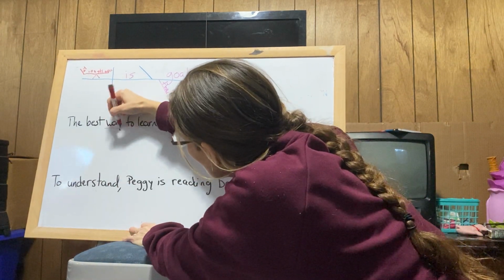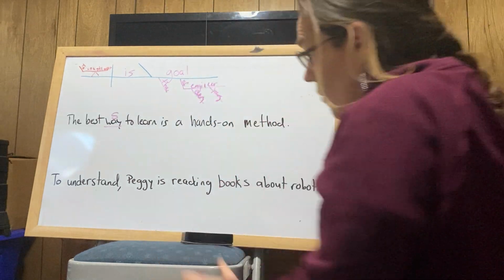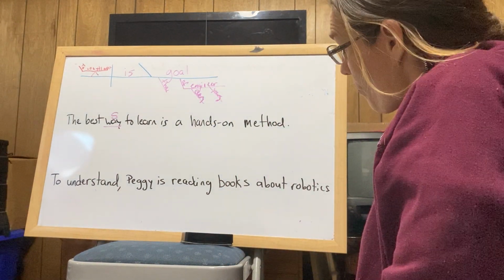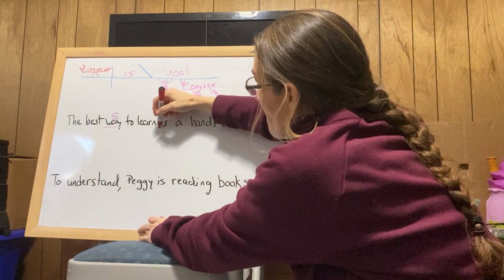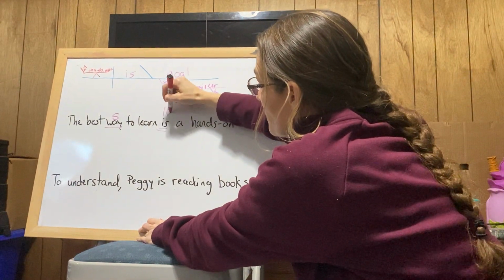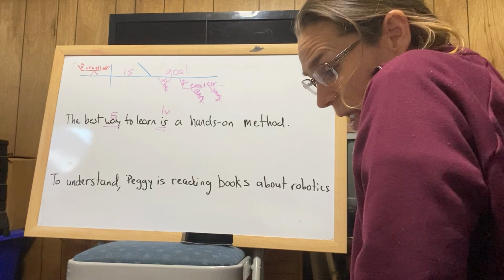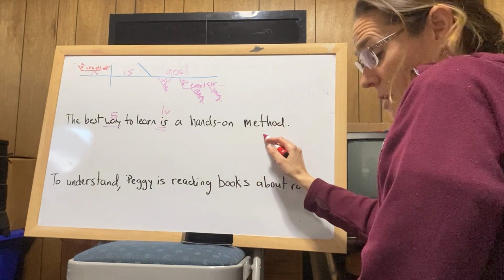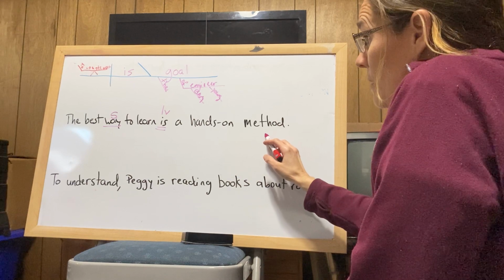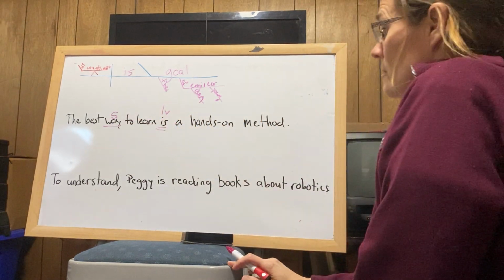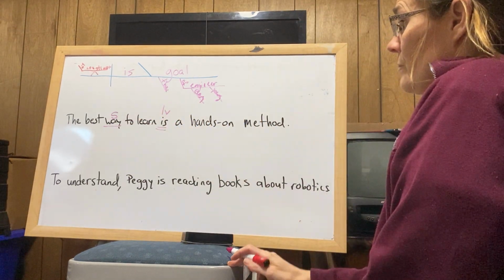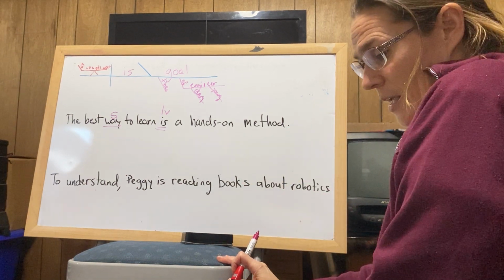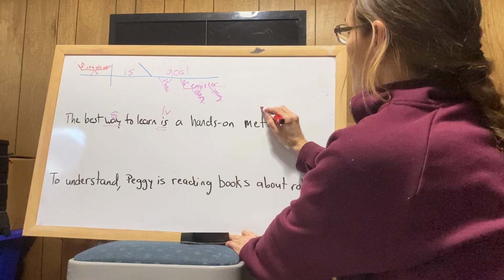I'm going to underline it once. Way to learn. Is is our linking verb. So then we have to ask, way is what? Method. It's the method. Is it renaming or describing the way? Describing? No, it's not describing way. Then it's renaming. So this is a predicate nominative, okay?